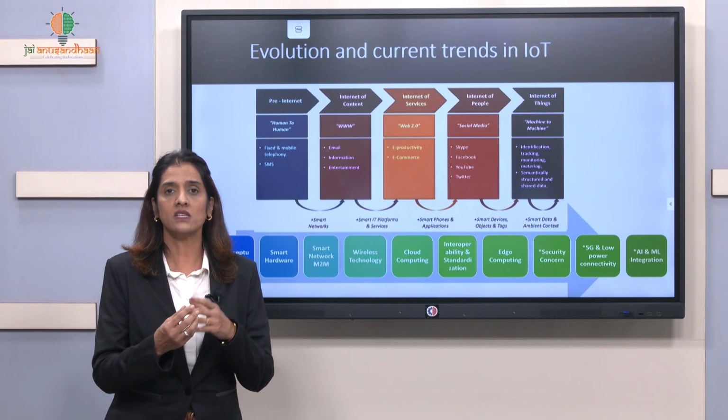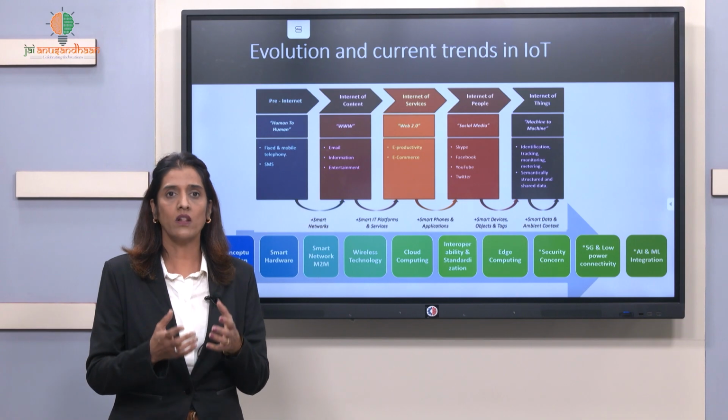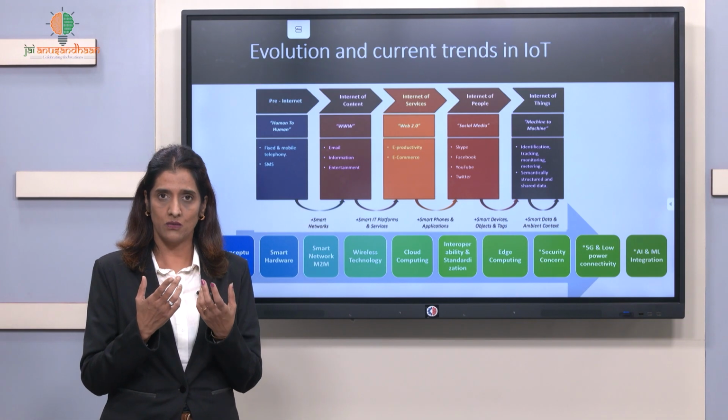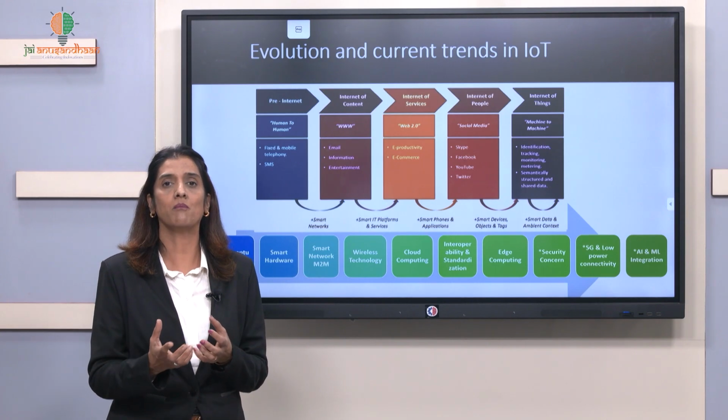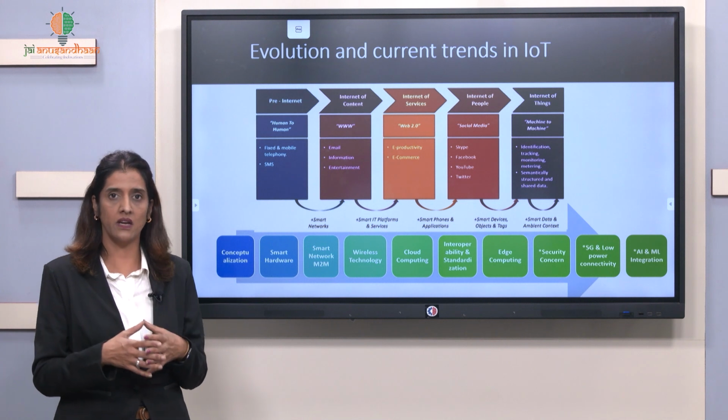So all these parameters which tell us things about that bottle make that bottle smart. So we need smart hardware to integrate the IoT.